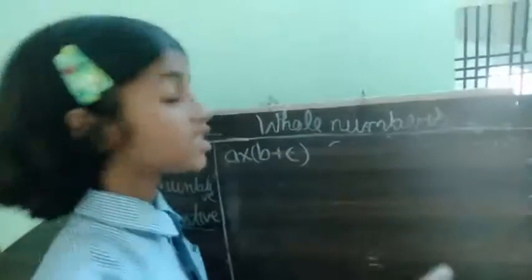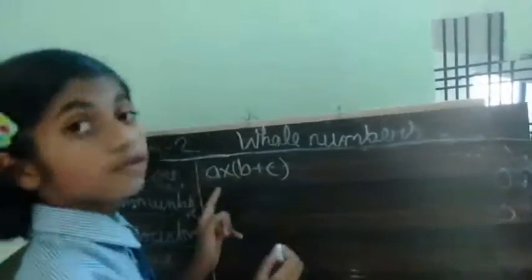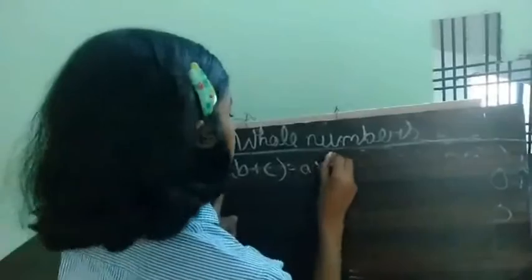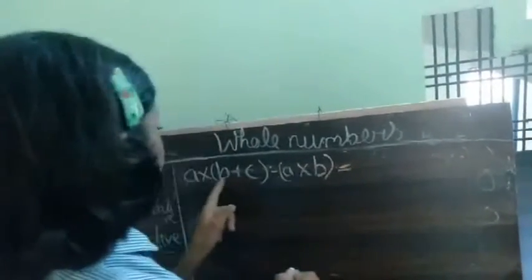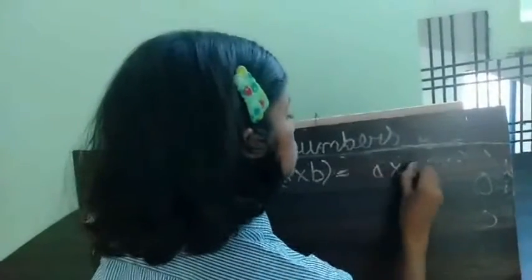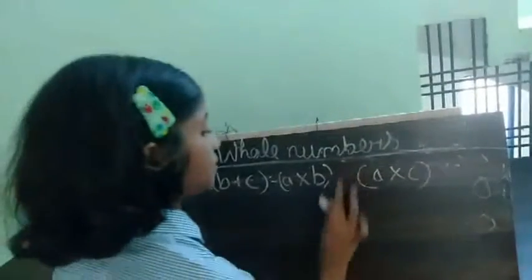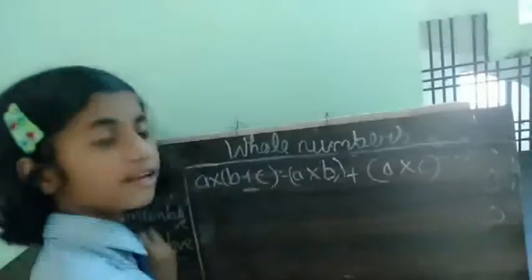Method A is, you can see here, a into b plus a into c. But here we keep the sign of add, because here is also the sign of add.